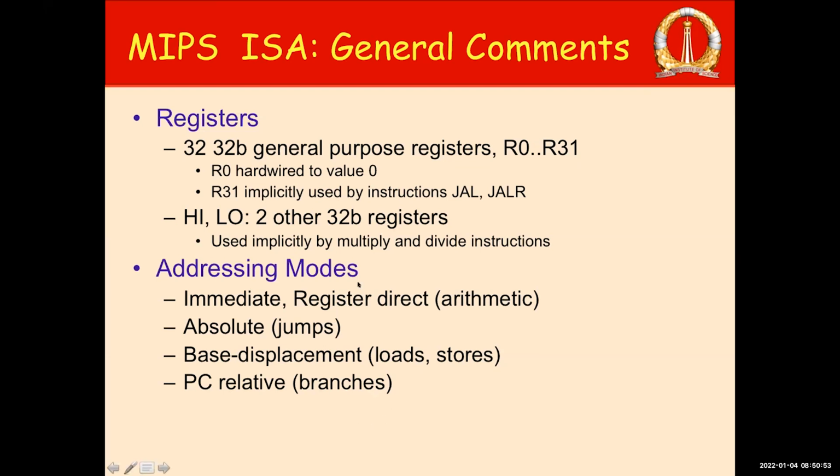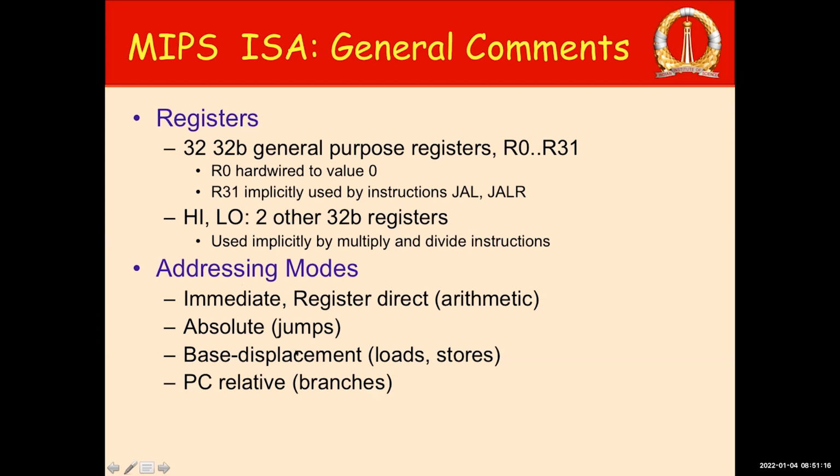And as I mentioned earlier, the MIPS architecture supports the immediate addressing mode and the register direct addressing modes, and it also supports the base displacement addressing mode. Since MIPS is a reduced instruction set architecture, arithmetic and logic instructions can only use the immediate and register direct addressing modes.